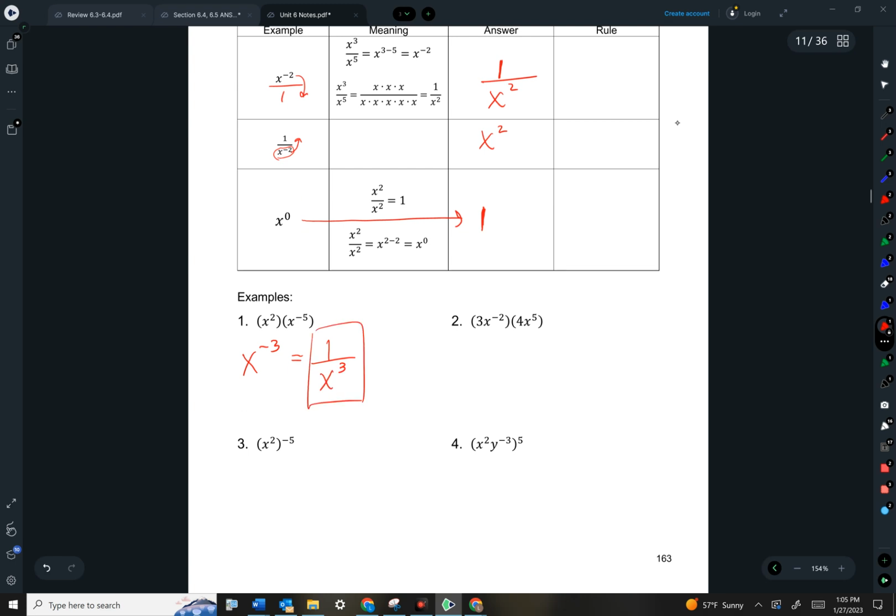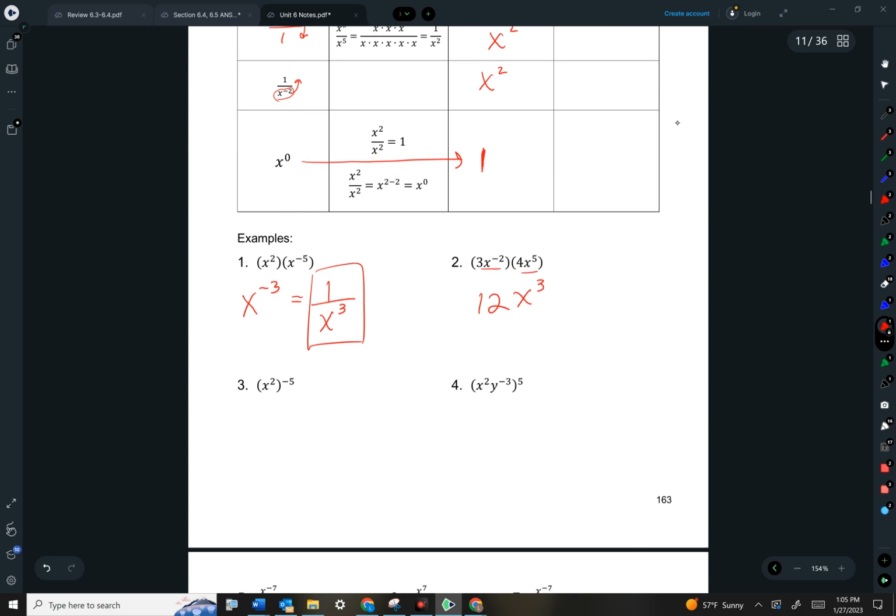Number 2, 3 times 4 is 12. And then for the x's, if I add my exponents, I'm just going to get x to the 3rd, so that's fine. On number 3, I'm going from a power to a power, so I multiply, so it's x to the negative 10. But again, we don't leave negative exponents, so it becomes 1 over x to the 10th.